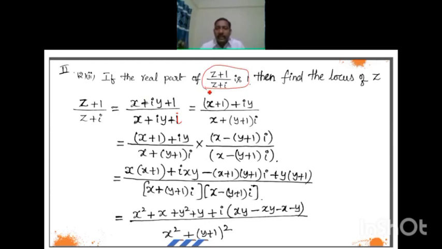When can we write the real part? We need (z plus 1) by (z plus i) to be in the form p plus iq or p minus iq, where p and q are real numbers, p belongs to R and q belongs to R. If it is in this form, we can write the real part, where the real part is p. So to reduce this into p plus iq form, what should be done? Z is equal to x plus iy, we have.